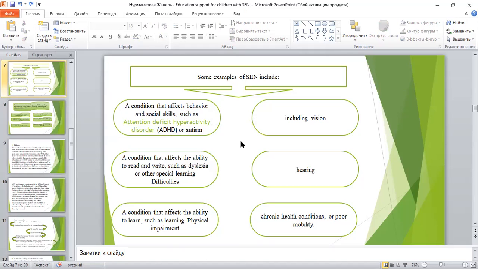Yes, and here I want to say that special education needs also include vision and hearing, chronic health conditions, or poor mobility.